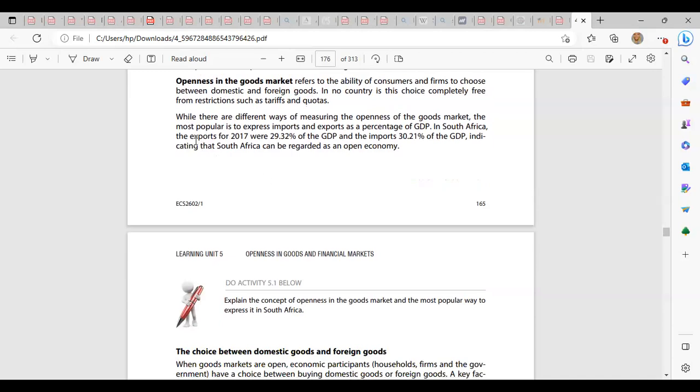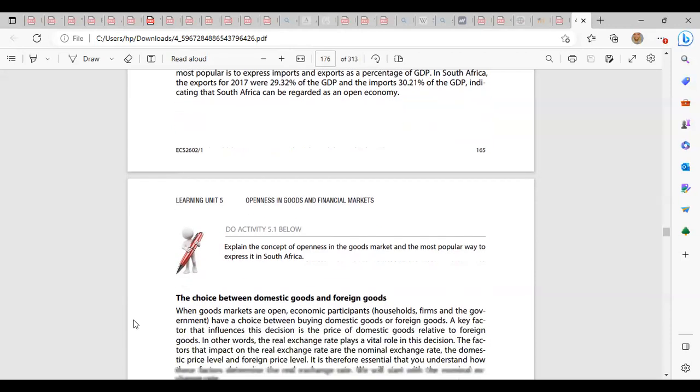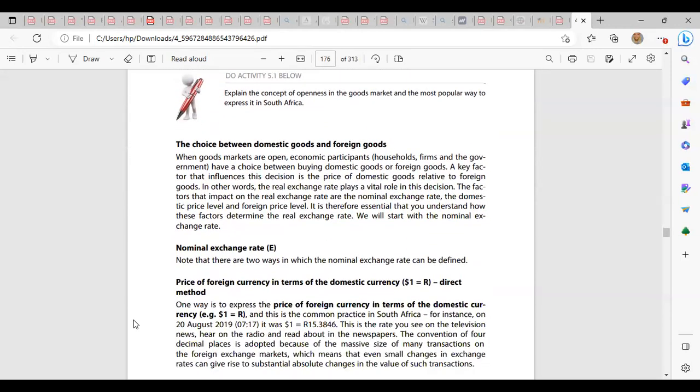Either you express your exports as a percentage of GDP and your imports as a percentage of GDP, or you take imports plus exports, divide that by GDP, and multiply by 100. That will give you another measure of openness in the economy.